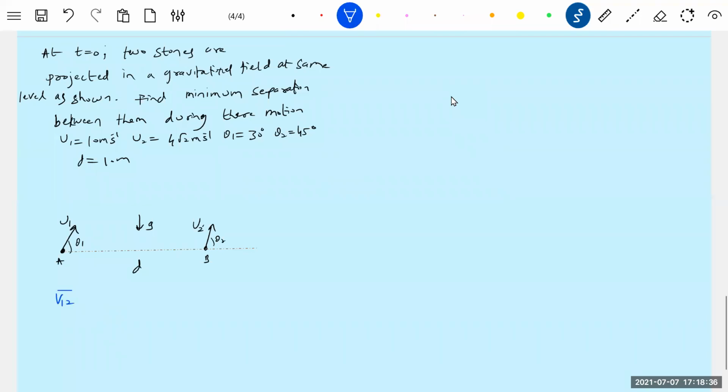V12 bar equals V1 bar minus V2 bar. What is V1 bar? U1 cos theta 1 i cap plus U1 sin theta 1 minus gt j cap. I'll write directly because I have to save a lot of space.